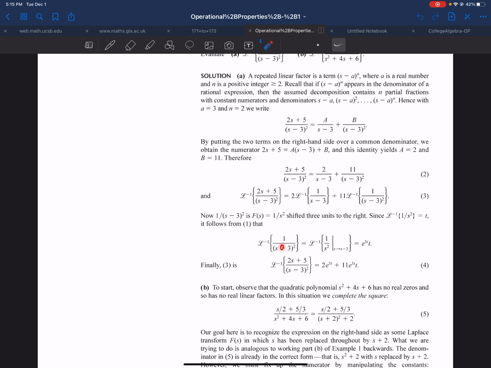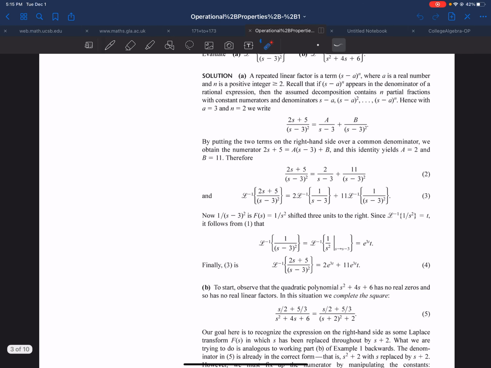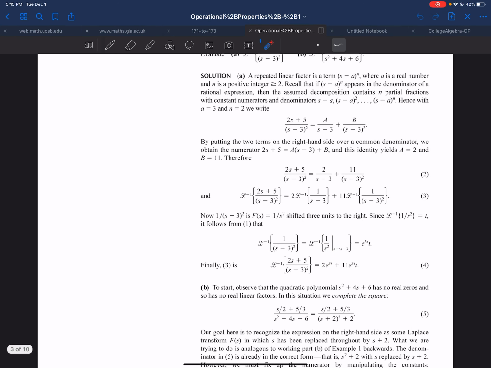But then if I take that out, it's basically 1 over s squared. And that's what you get if you Laplace transform the function t. So I know the 1 over s squared comes from a t, and I know that shift comes from multiplying it by an e to the 3t. And so that's how you kind of figure those out.